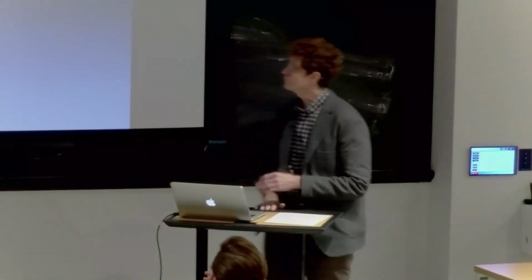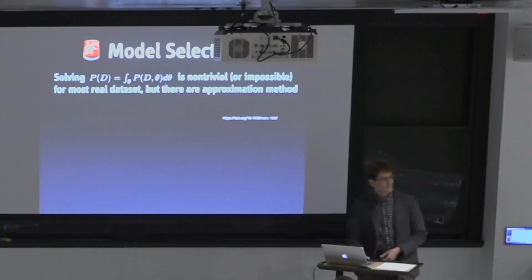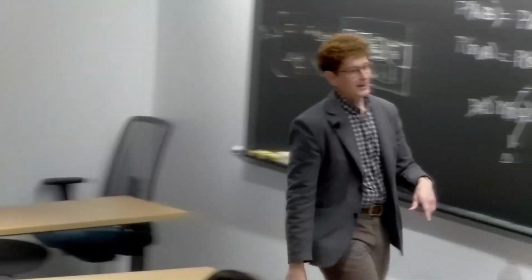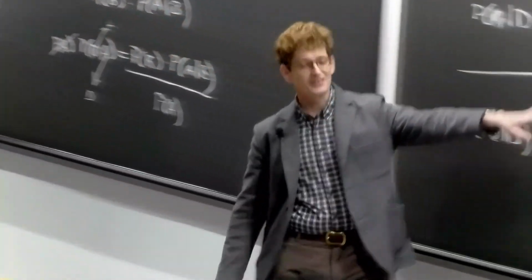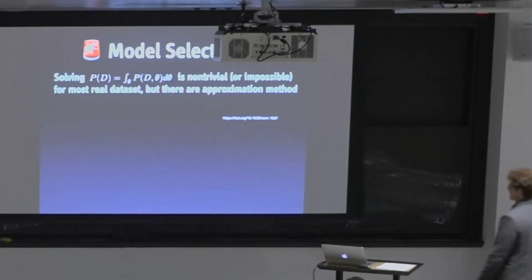So how is model selection done? The problem is that, going back to the Bayes rule here, when we look at the probability of the data, well, I deleted it. I was able to delete it here and not worry about it. But when you want to calculate it directly, you need to do this bit of math here.